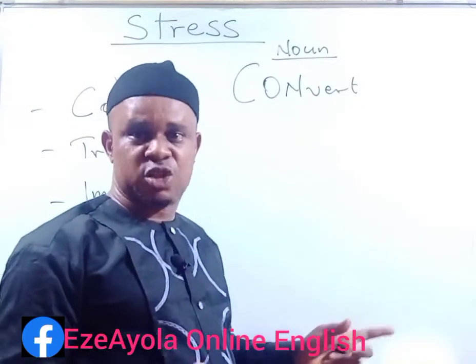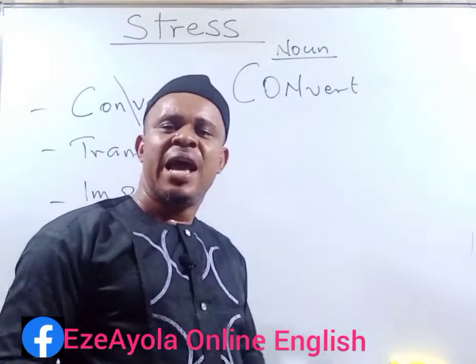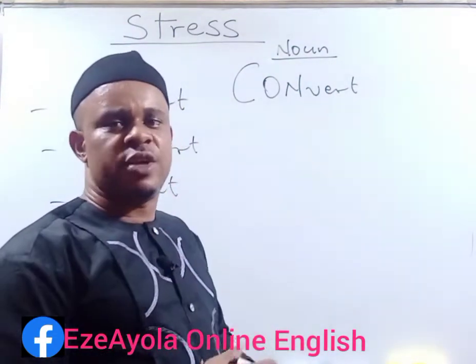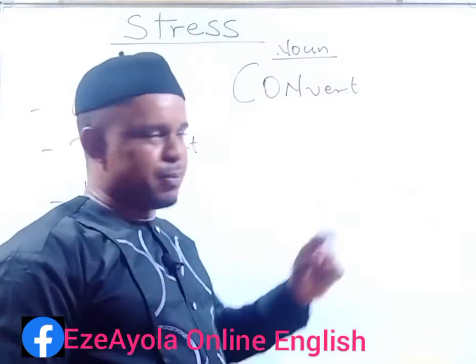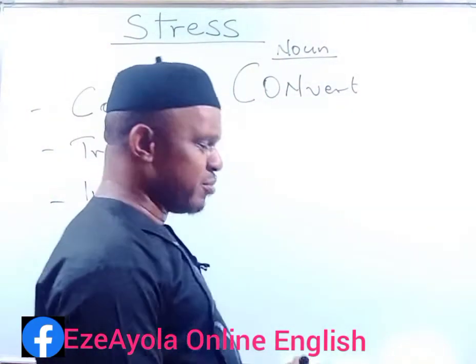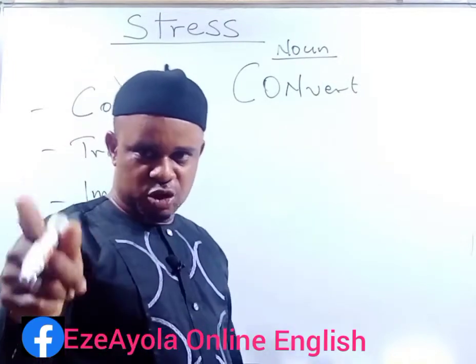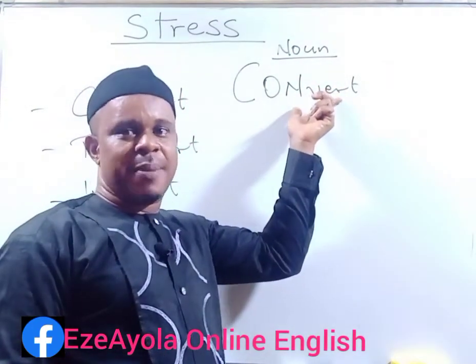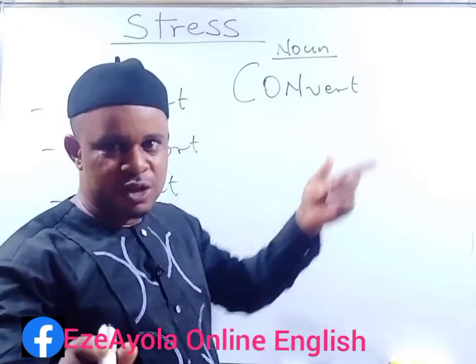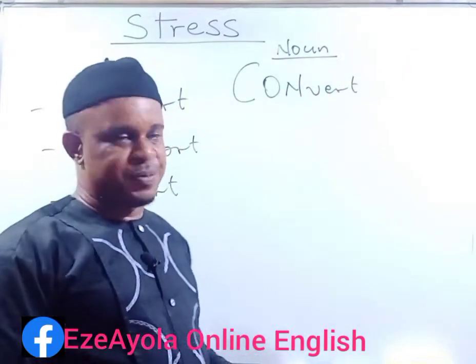Is it possible? Is it obtainable? Of course, yes. And that is what we call shifting stress. When the stress shifts from the first syllable to the second one, it becomes shifting stress. And not only that, the possibility of this changing from the grammatical class noun to verb is also obtainable.